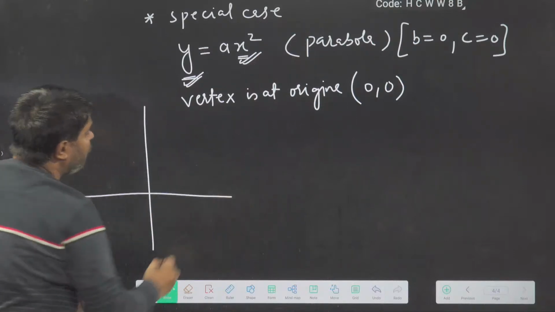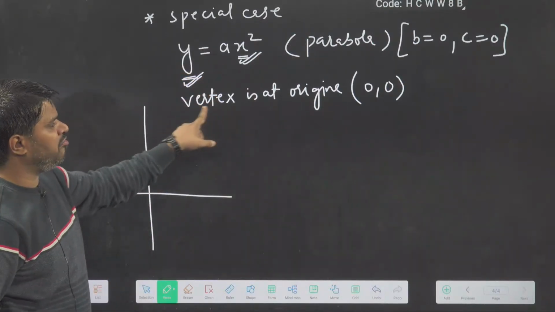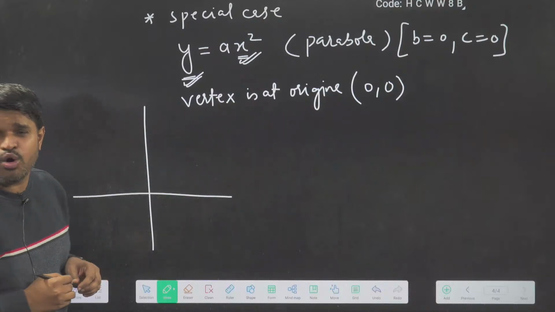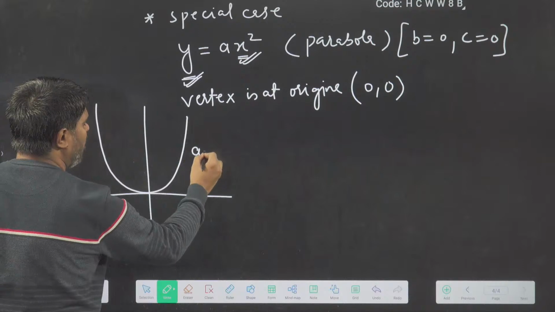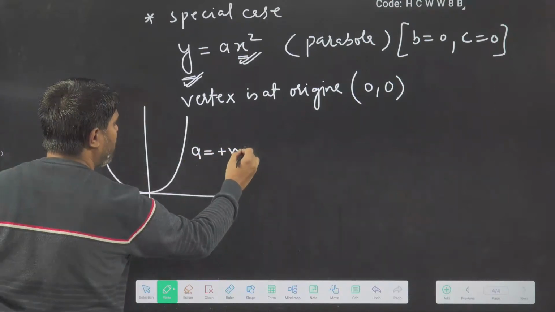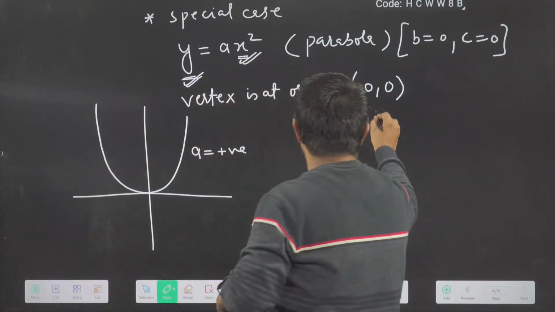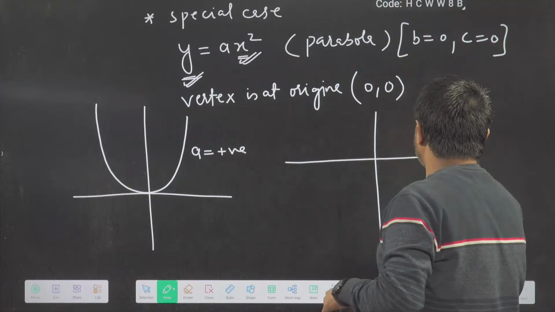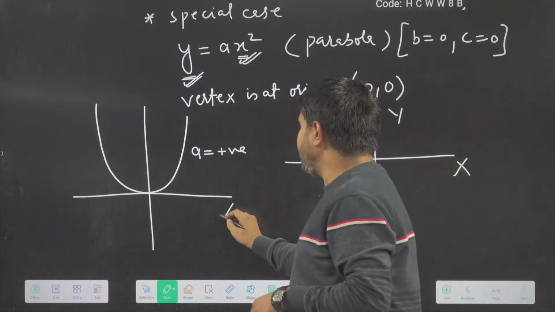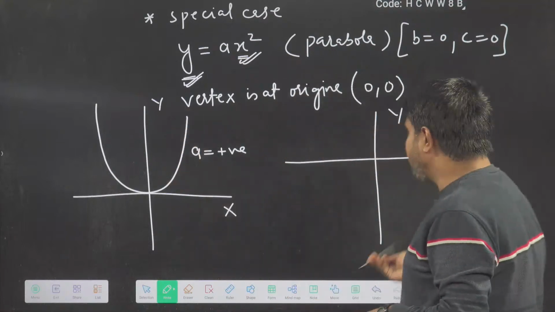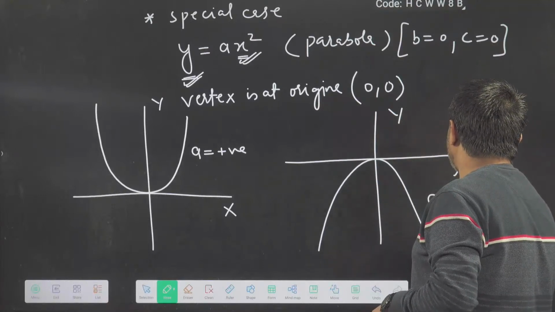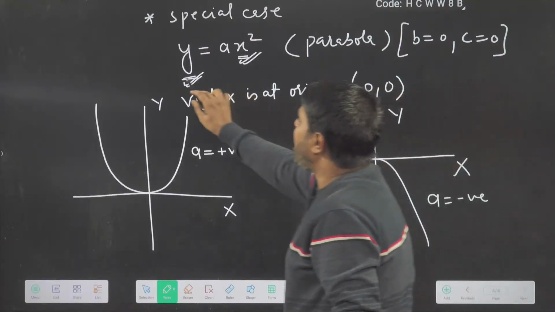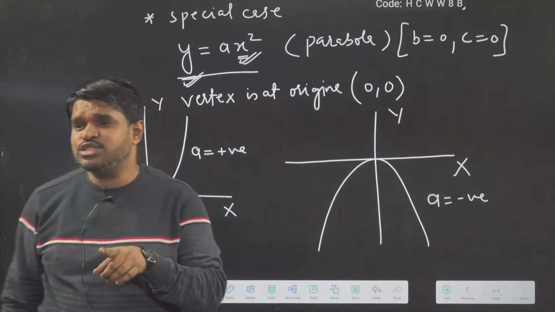Where is the vertex for this parabola? Origin. I will get this kind of parabola if a is positive, and I will get this kind of parabola when a is negative.